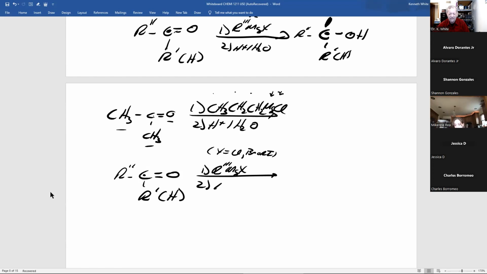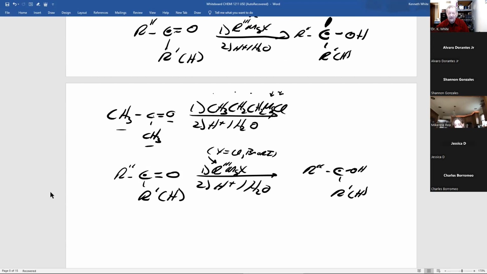Second step, acid and water. Keep your eye on the carbonyl carbon. What's attached to it, R prime or hydrogen, and R double prime, opens up to an alcohol.